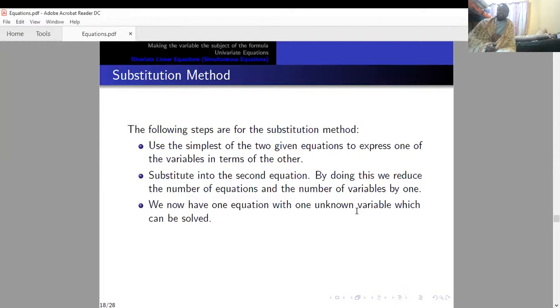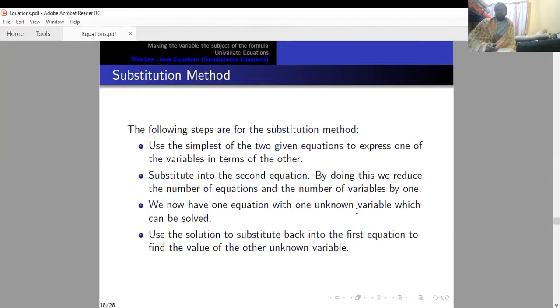And then we have one equation with one variable which will be solved. Remember, two variables, two equations. And if we use equation 3 to substitute for the other, it means we will have substituted completely for the other variable, and we'll be able to solve with ease.